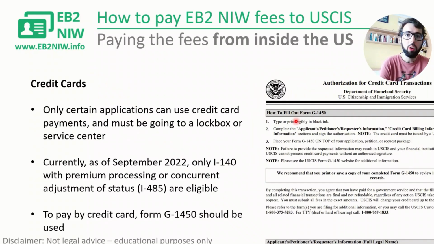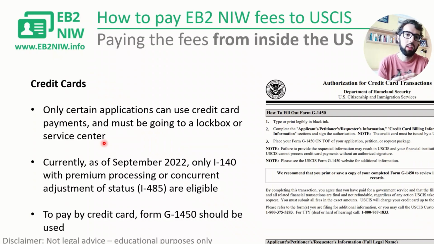Alright, so credit cards. A lot of people prefer to pay by credit cards, but unfortunately only certain applications can use credit card, and those are the ones that go to a lockbox or service center. So this is generic information, but if you are paying for a form, let's say it's the I-140, then the first thing I would do is go to the USCIS website and check where I have to submit it.